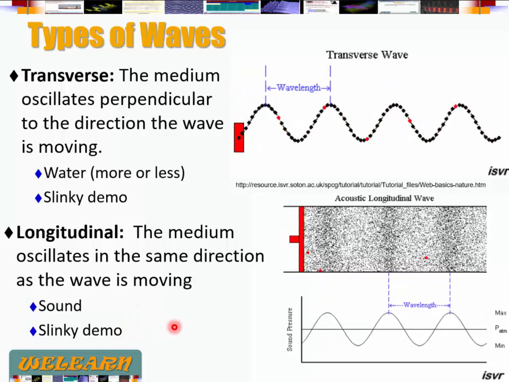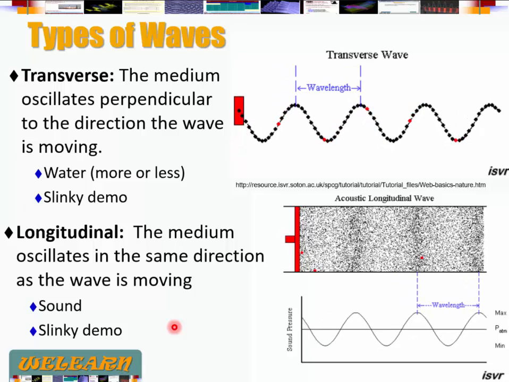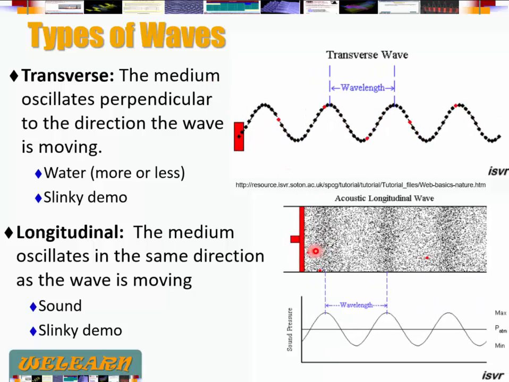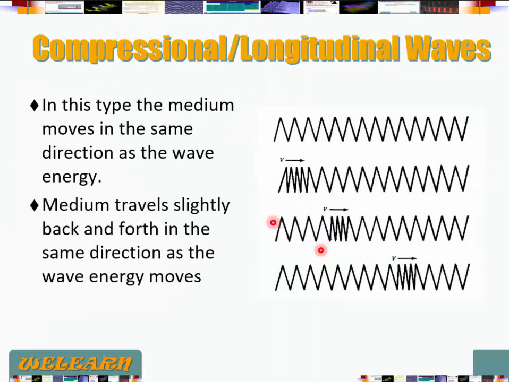Which brings us to this. So what we are saying, for a longitudinal wave, which we also call compressional wave because of the way we compress the medium. In this case, we take the example of a spring. You see here is a representation of a spring, and then we compress the spring.